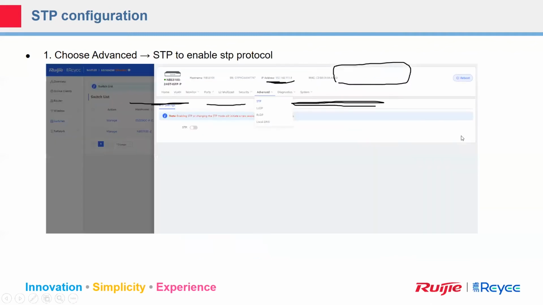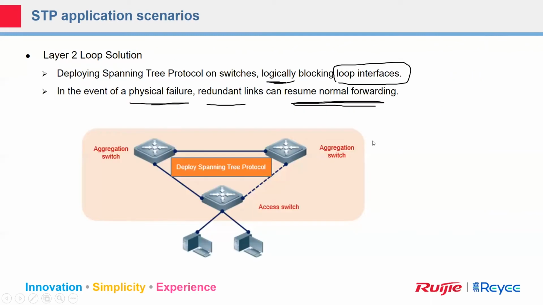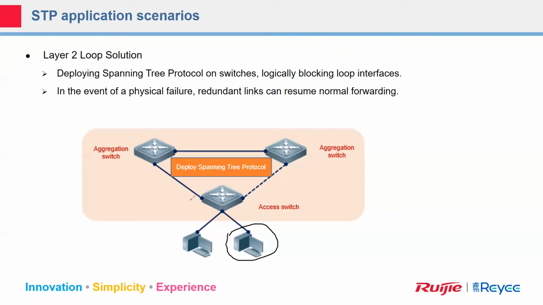Okay, all right. So in this example, if this PC wants to go to that PC, well, the only way is that way. And this port is logically blocked.